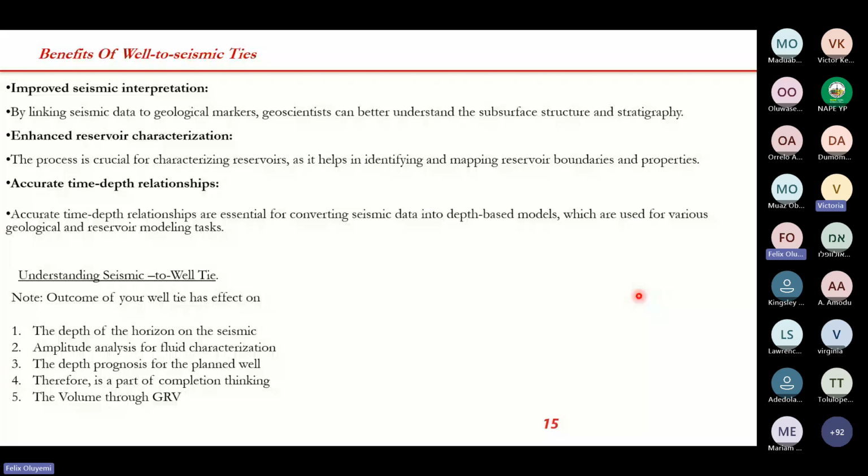Instead of thinking the reservoir of interest is at 9,000, for example, if you don't do your seismic-to-well tie, they might be looking at 8,000. That is a 1,000 difference.